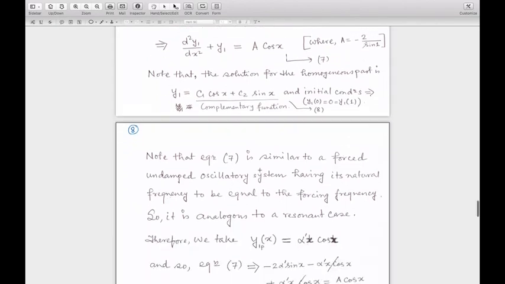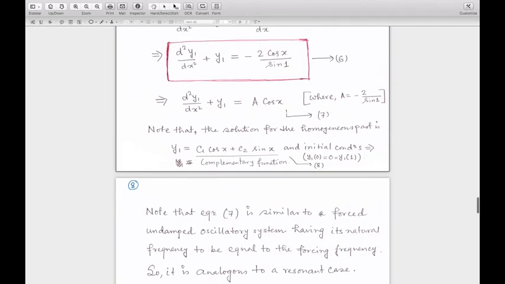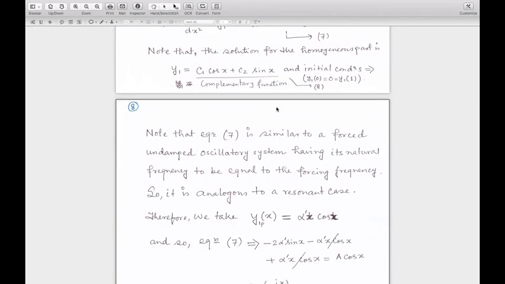Now note that equation 7 is similar to a forced undamped oscillatory system having its natural frequency equal to the forcing frequency, because here omega is 1, and the frequency of the periodic force is also 1, right? So this is nothing but a resonant case.